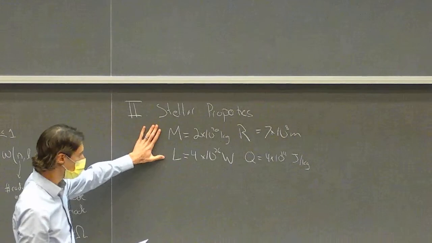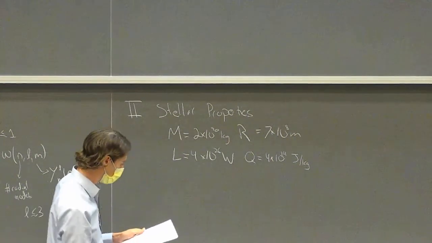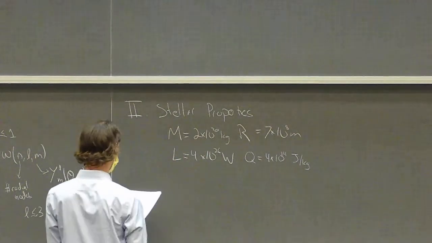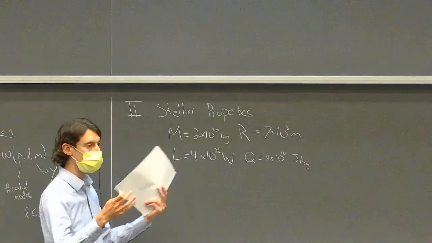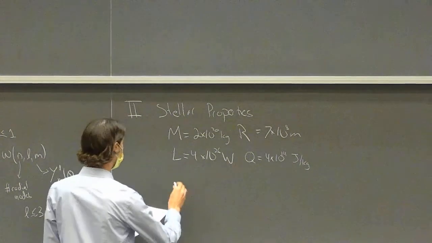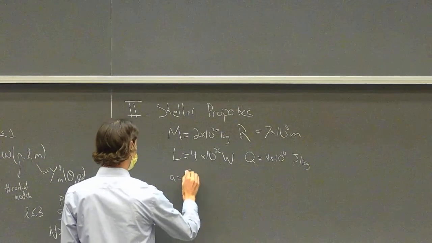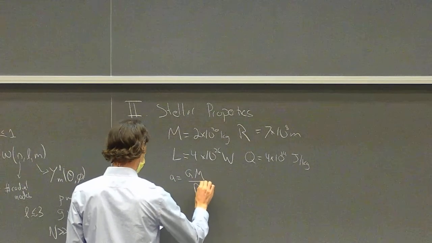Okay, so from these numbers we can come up with some important timescales that can give us some insight into what's going on in the sun and also in other stars. So the first thing that you could consider is a gravitational timescale. If you're at the surface of the sun, the gravitational acceleration is given by the gravitational constant G times M over R squared.